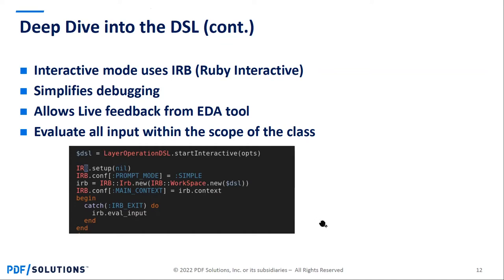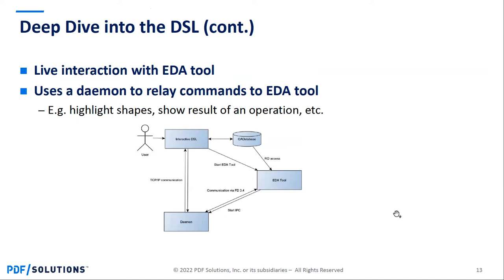Okay, next slide. Now, just if you're interested in how you do the live interaction with your EDA tool, that of course depends a little bit on your EDA tool, but let me just go through one example here.